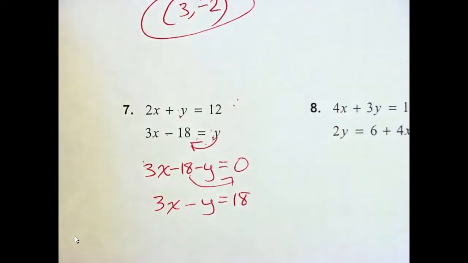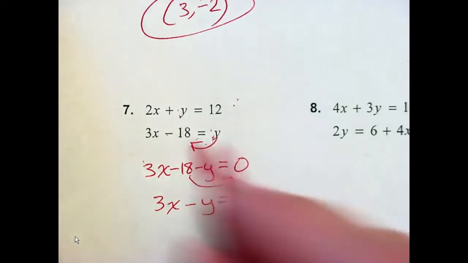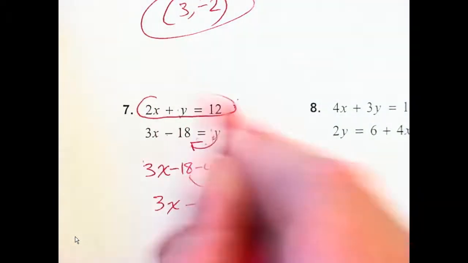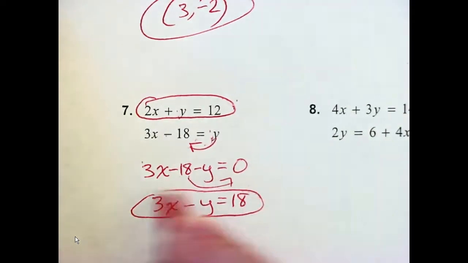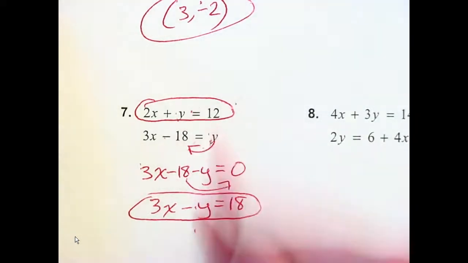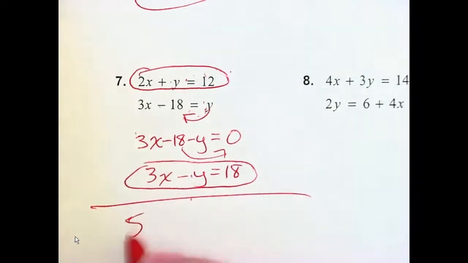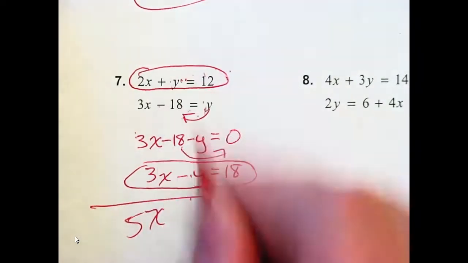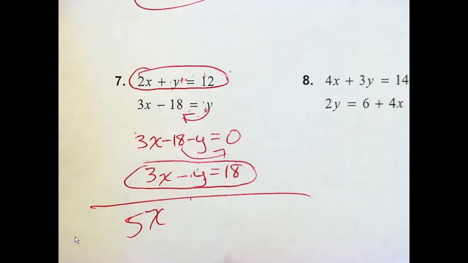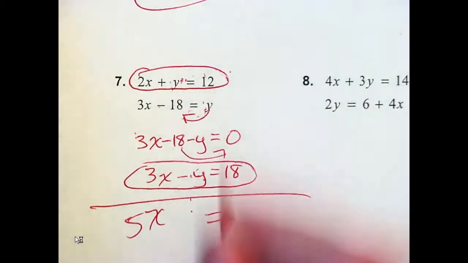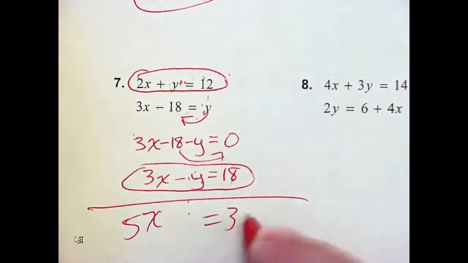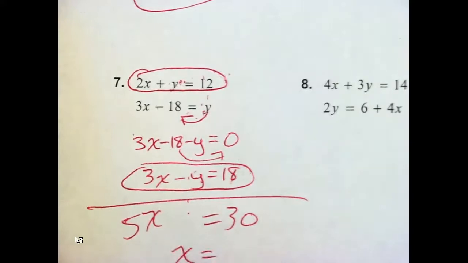I haven't combined the equations yet. So I have this equation and I have this equation that I'm putting together. These two put together give me how many x's? 5 x's, and they're my pieces that eliminate. Positive y and negative y is 0y, and 30. So x equals 6.